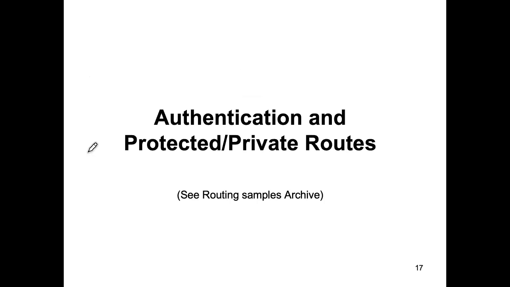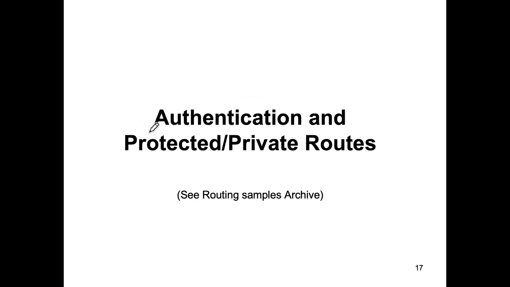Now, the last thing I want to talk about is really just a use case. Number 1, it's a use case for the actual provider pattern, so it fits in nicely in this sequence. The other aspect to this last topic is how we implement what I'm calling protected or private routes within our React app.